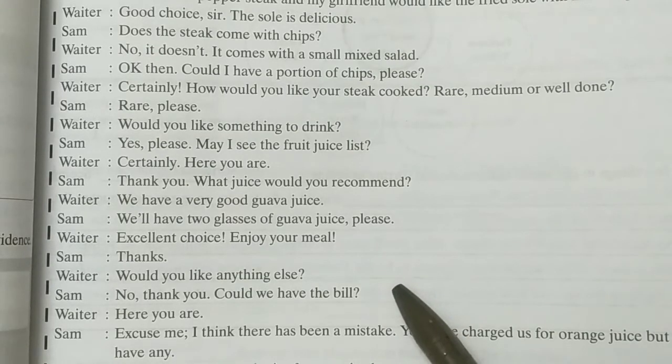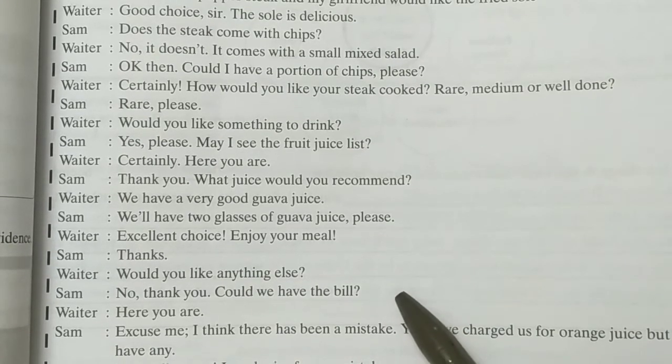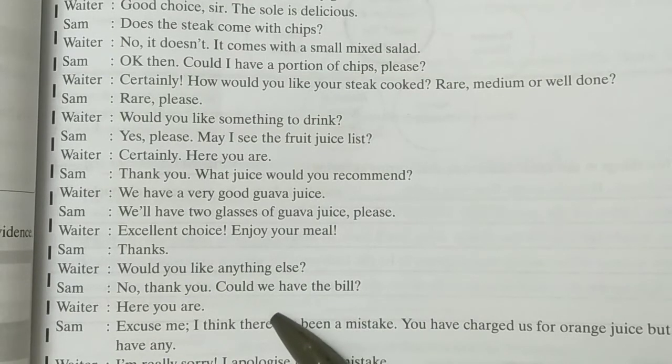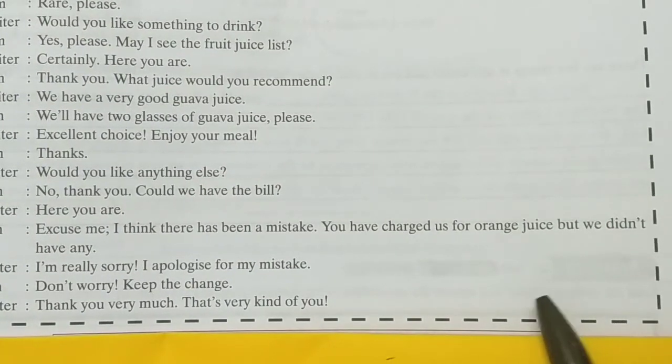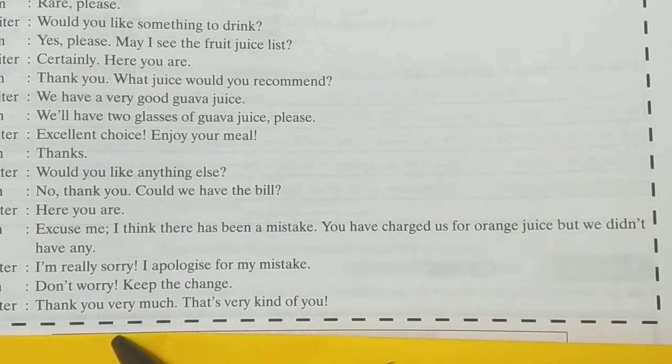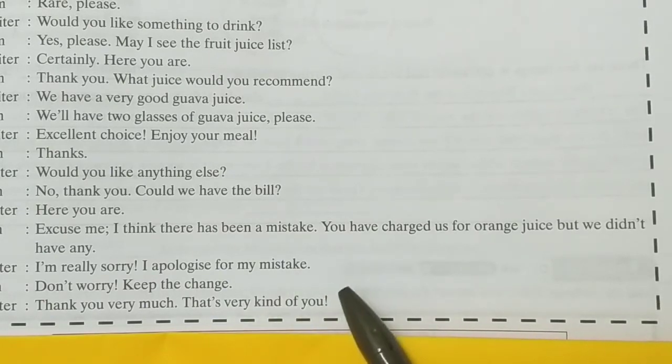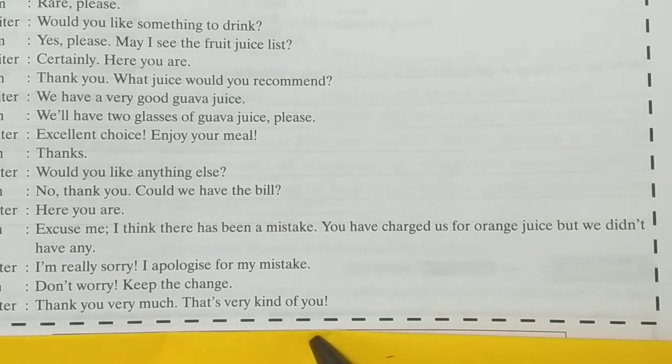Sam: No, thank you. Could we have the bill? Waiter: Here you are. Sam: Excuse me, I think there has been a mistake. You have charged us for orange juice, but we didn't have any. Waiter: I'm really sorry. I apologize for my mistake. Sam: Don't worry. Keep the change. Waiter: Thank you very much. That's very kind of you.